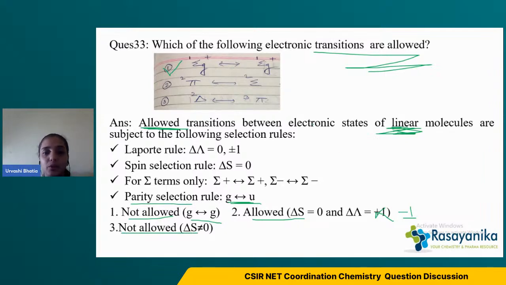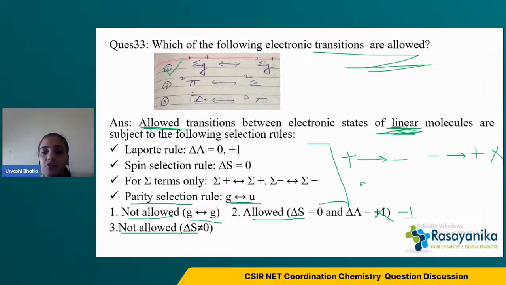Okay. So you can note down these rules. It is very important to remember that. And yeah, you can write this also that plus to minus or minus to plus for the sigma terms only rule. It is not allowed. Not allowed. Okay.